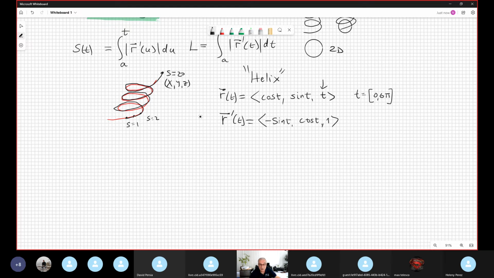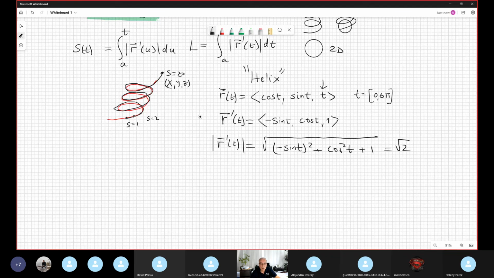So this is the velocity vector, and the speed is the magnitude of this, the square root of negative sine t squared plus cosine t squared plus 1 squared. You know very well that negative sine squared is positive sine squared, and sine squared plus cosine squared is 1, and 1 plus 1 is 2, and the speed is radical 2.